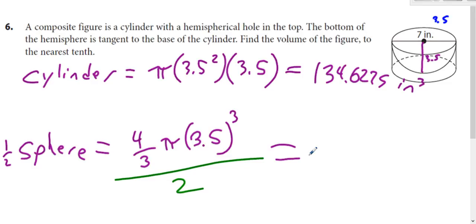And then, again, using 3.14 for pi, you get about 89.752.